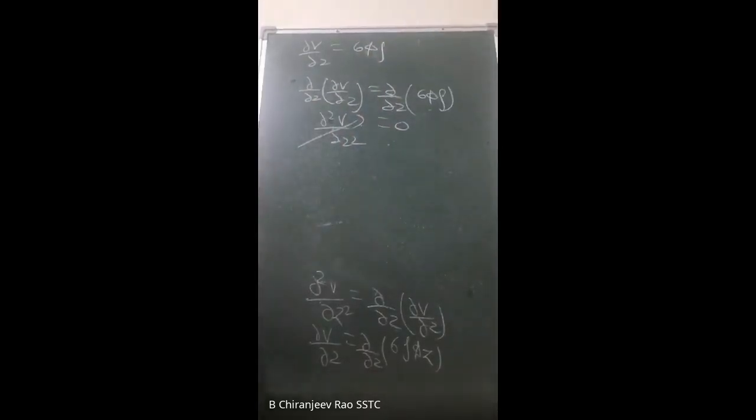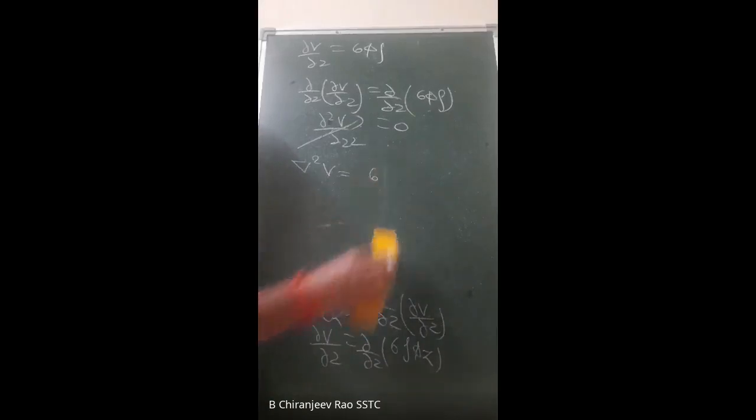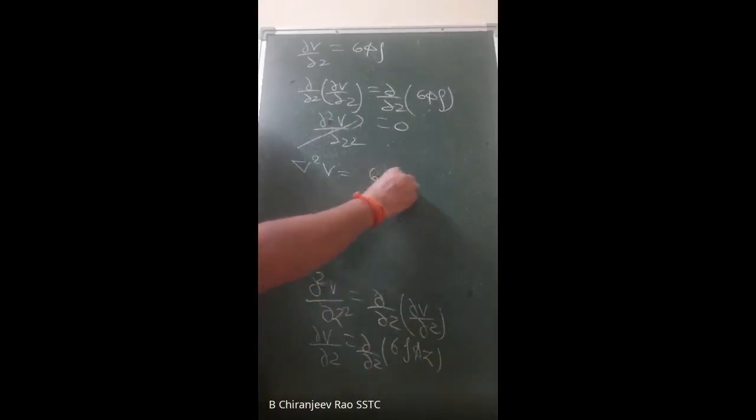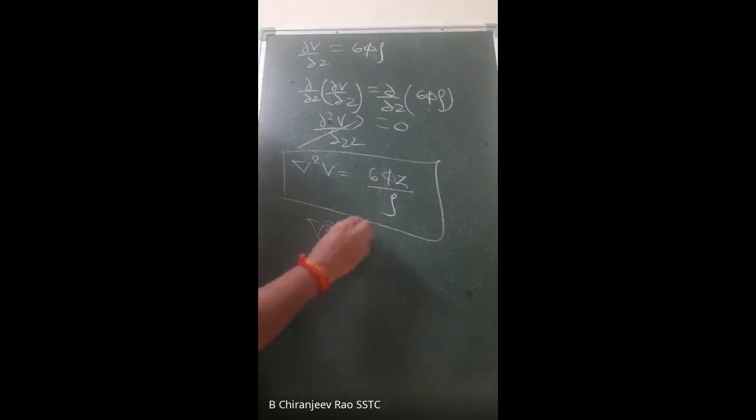Okay, so both the terms are equal to 0, and we are left with only one term. Del square V will be equal to 6 phi z upon rho. Okay, we have to find rho V. So what we have, del square V is equal to minus rho V upon epsilon naught.